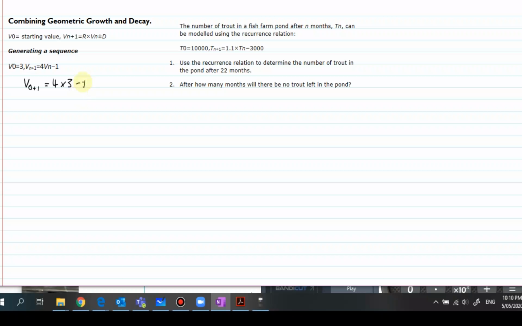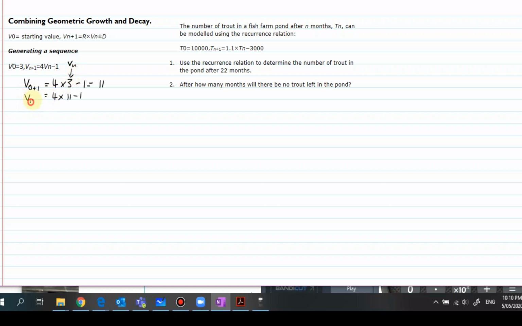So 4 times 3 is 12, minus 1 is 11. Then after that, we can just replace the 3 with the 11. So 4 times 11 minus 1.